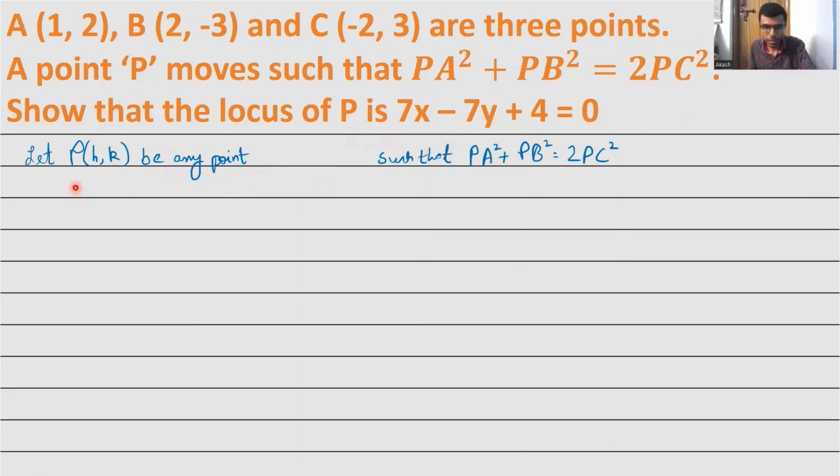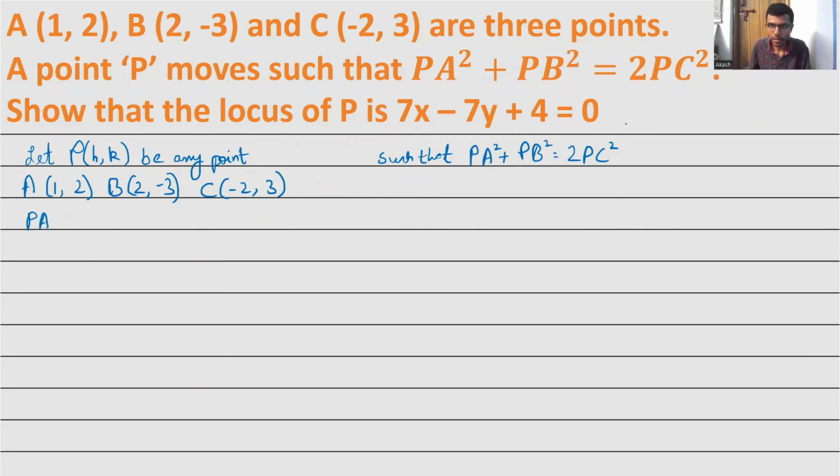Now what you need to do is write down the given data. A is (1, 2), B is (2, minus 3), and C is (minus 2, 3). Okay. Now let's find out PA, PB and PC first. After that, let's substitute them in the equation.